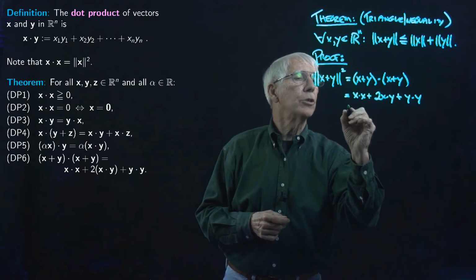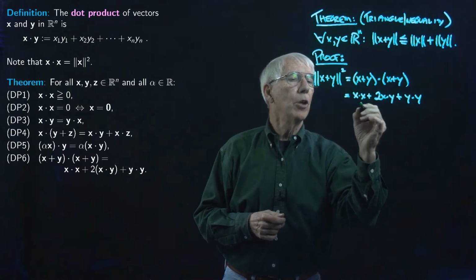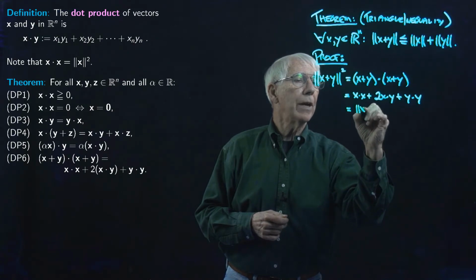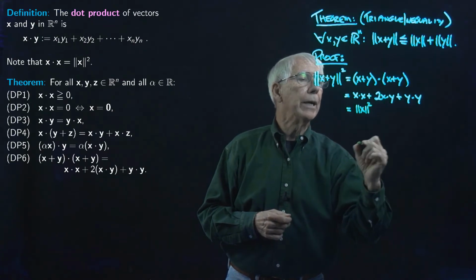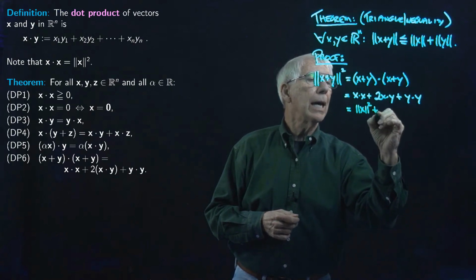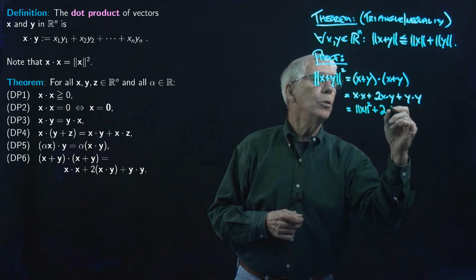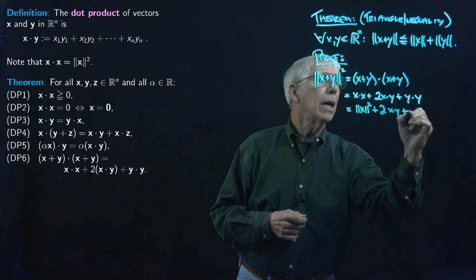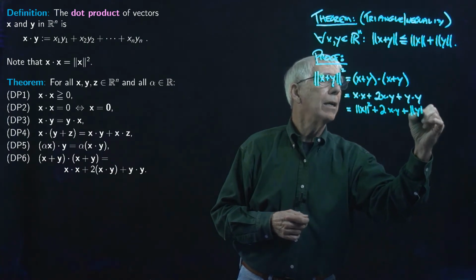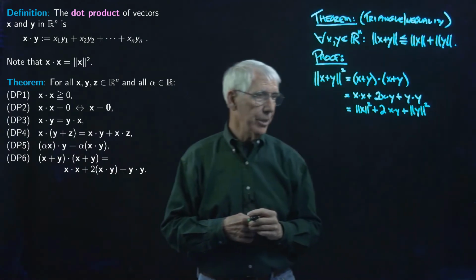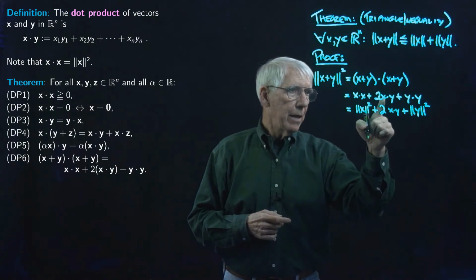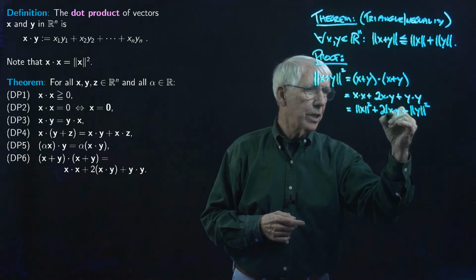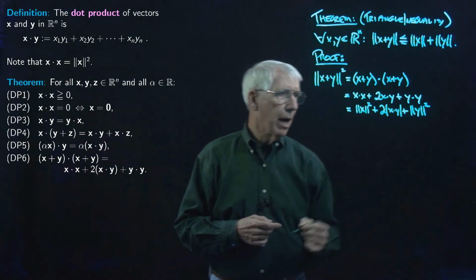Okay. That is going to be, first of all, I'll put an equal here first. This is going to be norm of x squared plus 2 x dot y plus the norm of y squared, but 2 x dot y is less than or equal to 2 times the absolute value of x dot y.